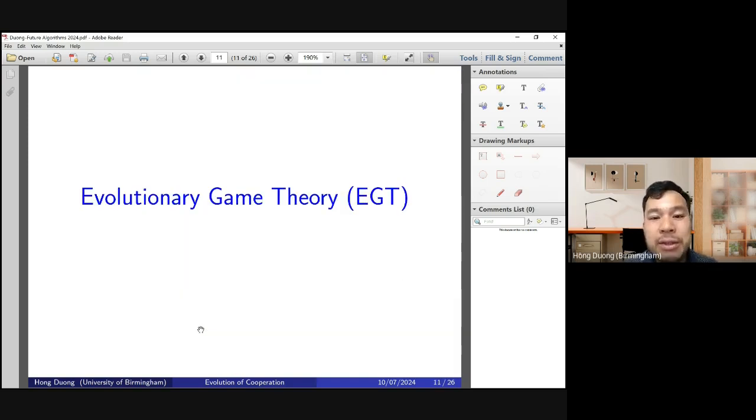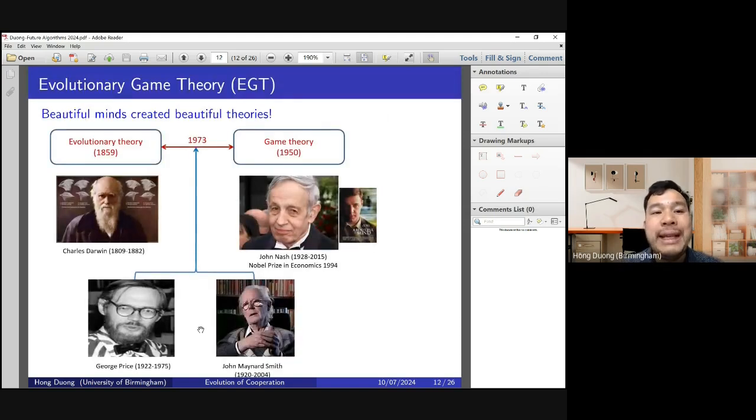So, evolutionary game theory. You might guess from the name of this theory that it is a combination of two theories: evolutionary theory by Charles Darwin that I mentioned earlier, combined with game theory. Many leading scientists contributed to this theory.